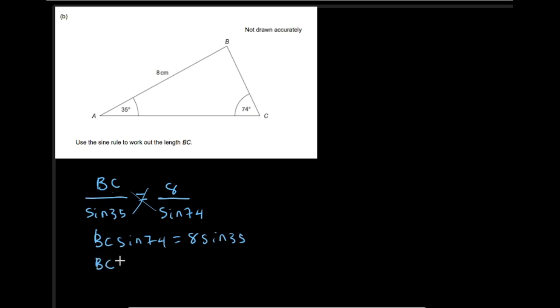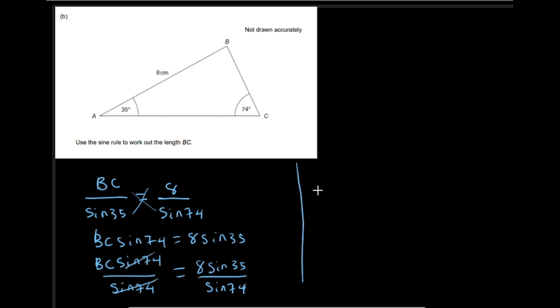So BC sine 74 over sine 74 equals 8 sine 35 over sine 74. This will cancel, and we are left with BC equal to 4.77 cm.